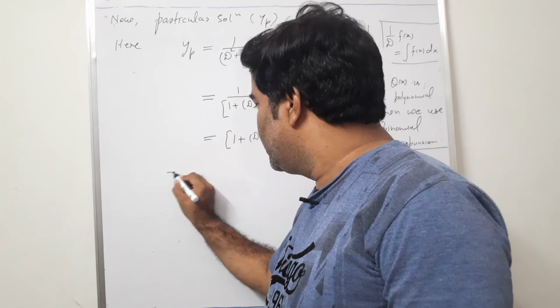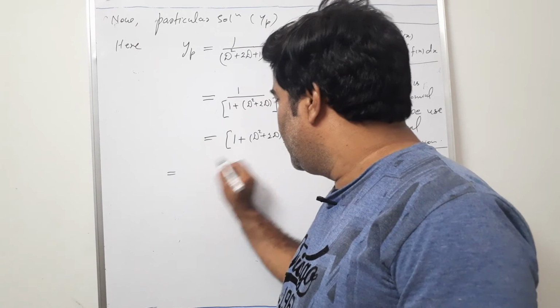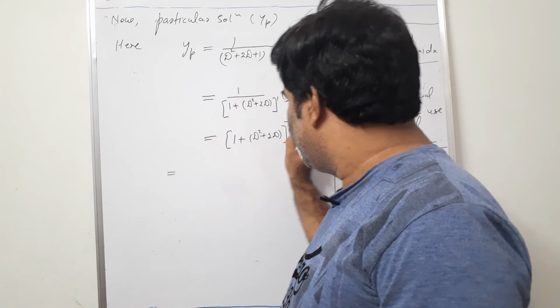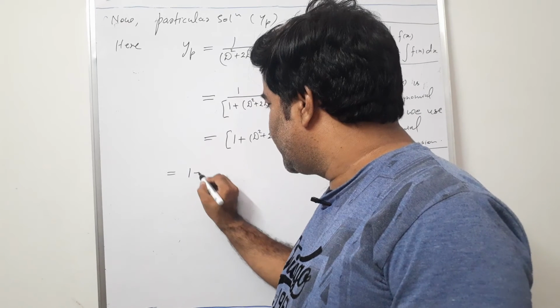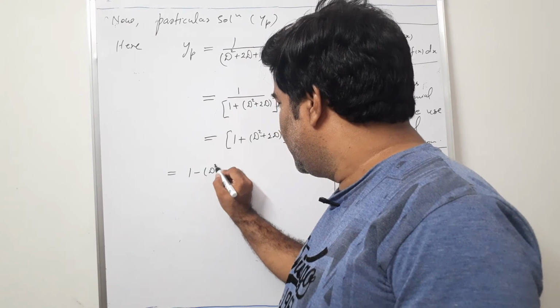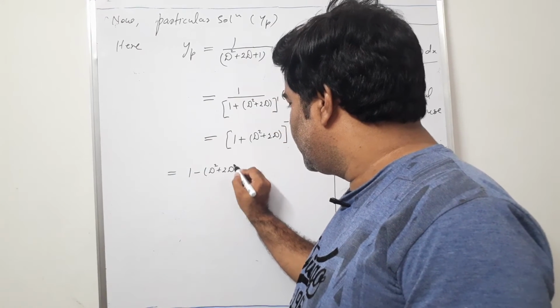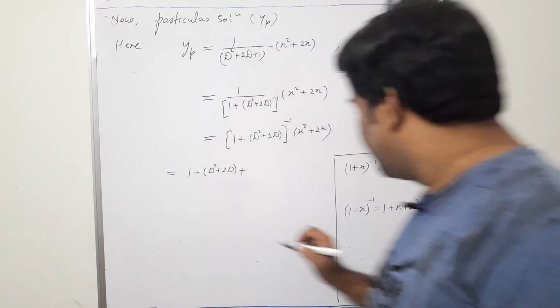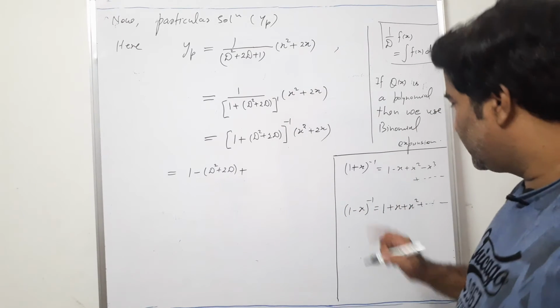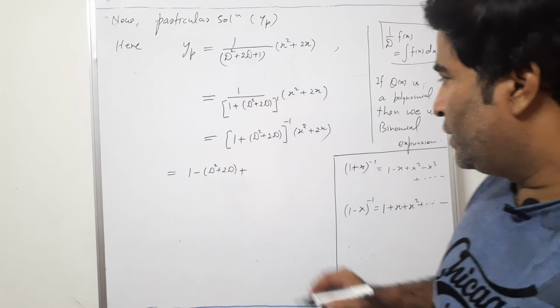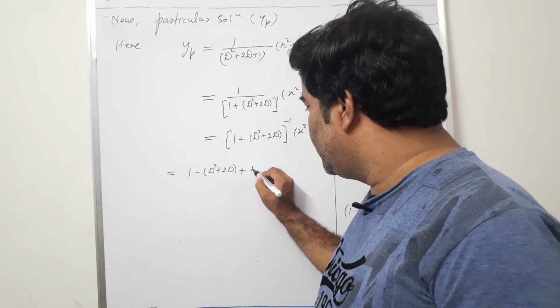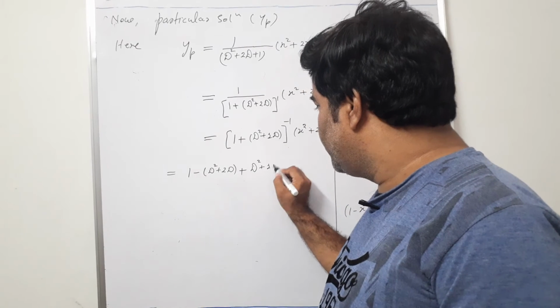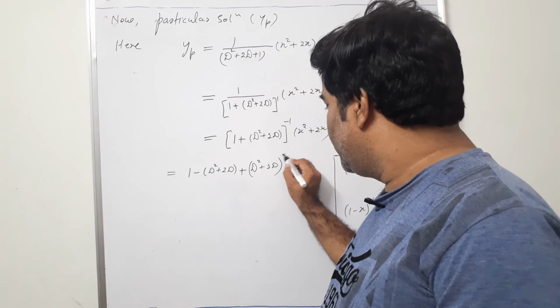So using the binomial formula for (1 plus x) to the power minus 1, that is 1 minus x plus x square, where x is D square plus 2D, x square is (D square plus 2D) whole square.